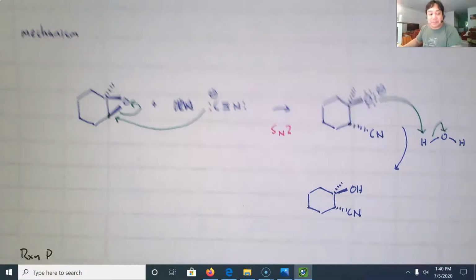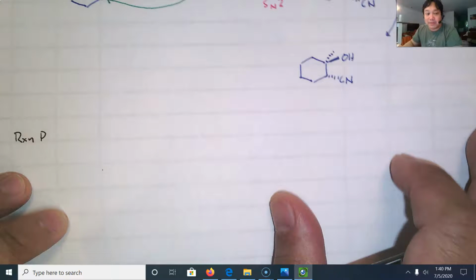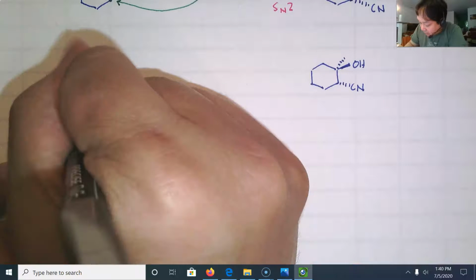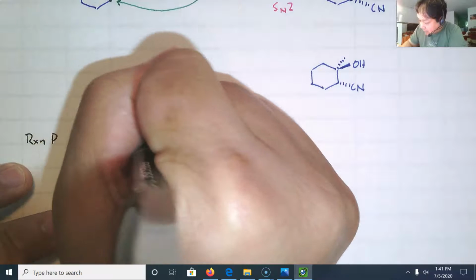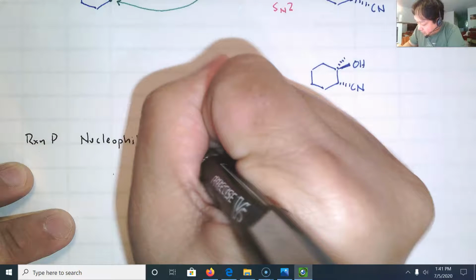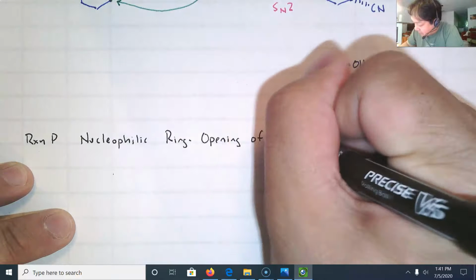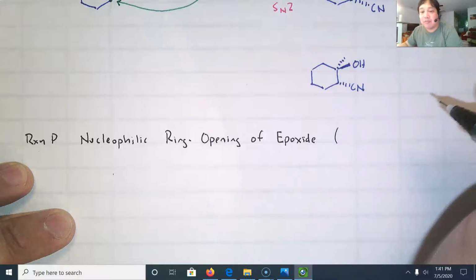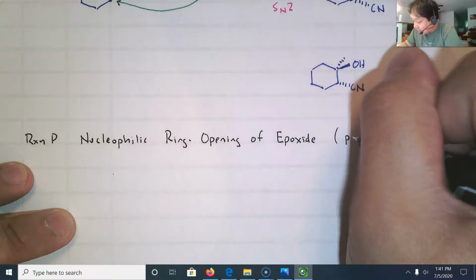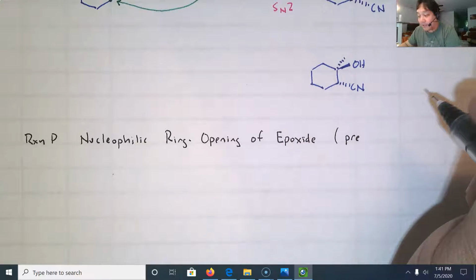This is reaction P. It's very analogous, but we're going to do the opposite. Nucleophilic ring opening of epoxide in presence of acid. And again, the acid has to be in the step where the nucleophile attacks.